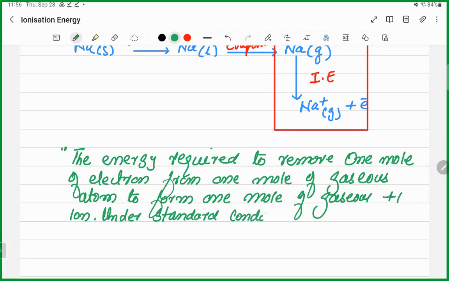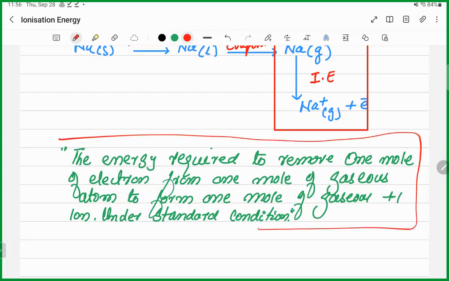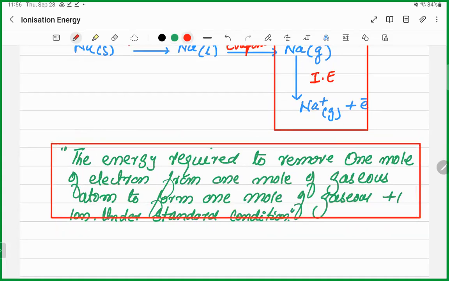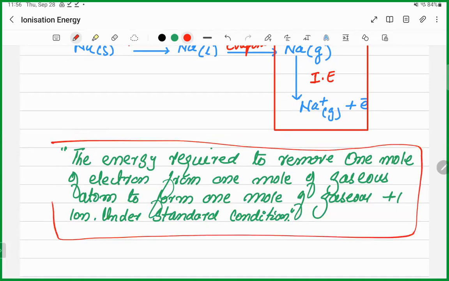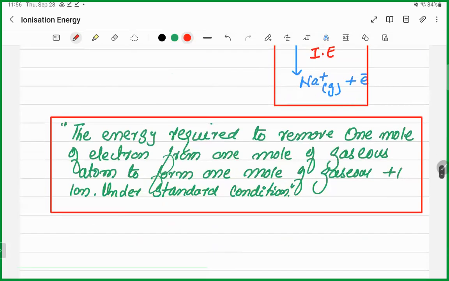Okay, so this is the definition of ionization energy. The same is the definition of first ionization energy. So this is the definition of ionization and the definition of first ionization. If they ask you about the definition of the standard enthalpy change of first ionization, it is going to be the same.